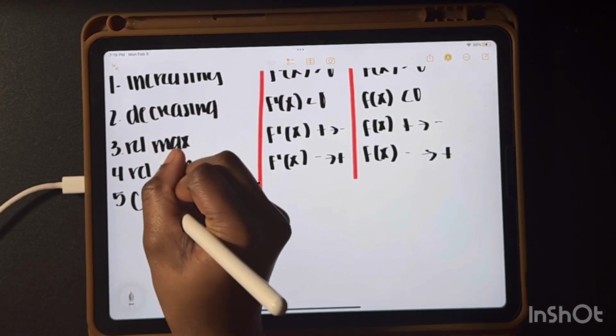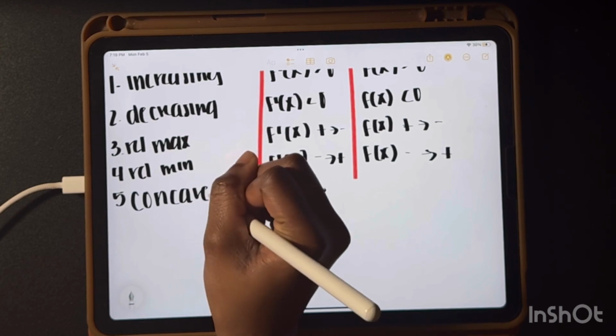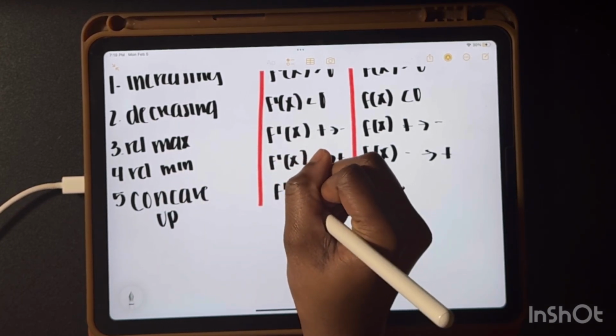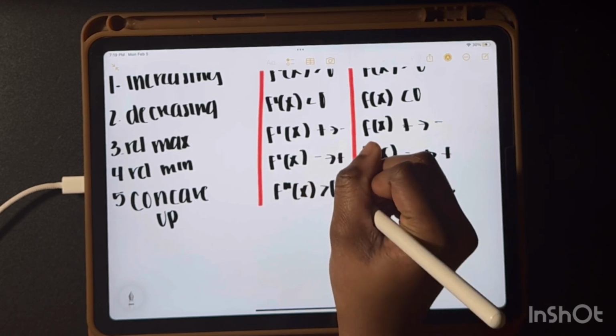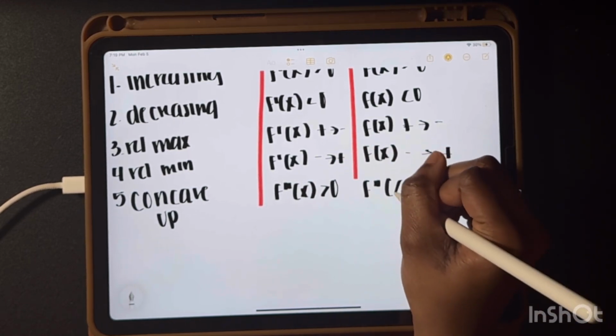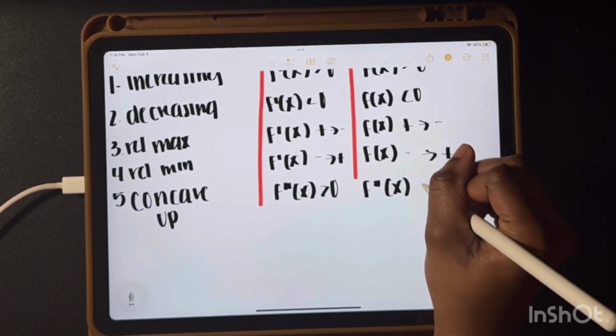Now, when we look at concave up, our f double prime of x is greater than 0. Same thing, our f double prime of x is greater than 0.